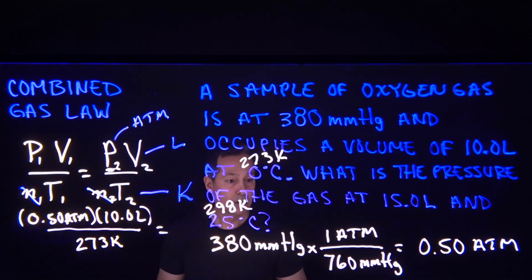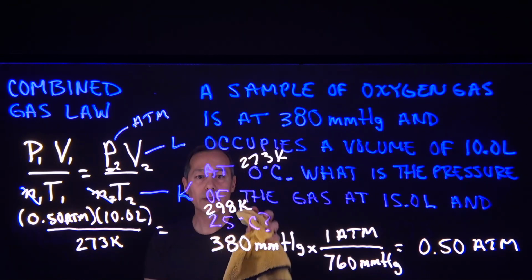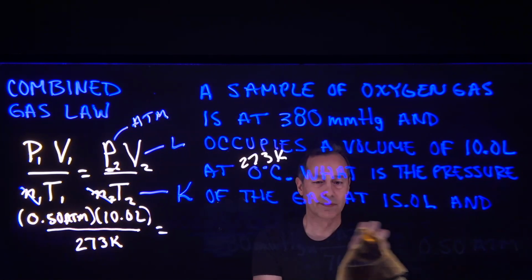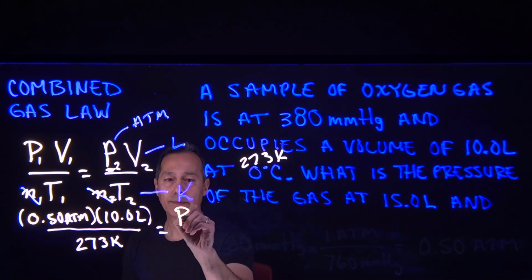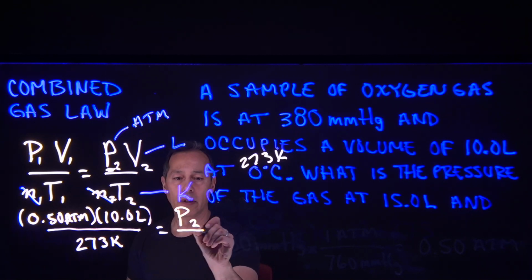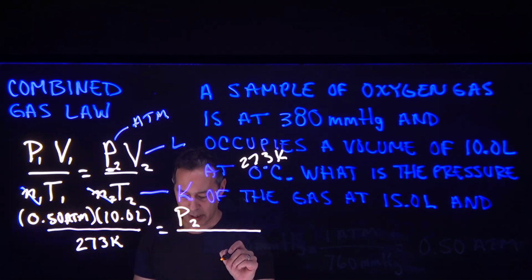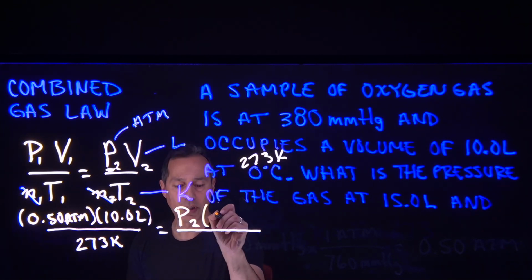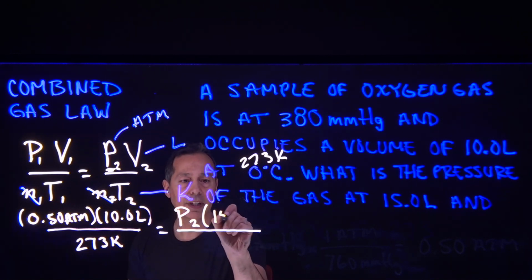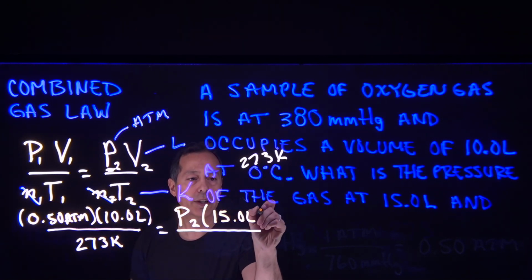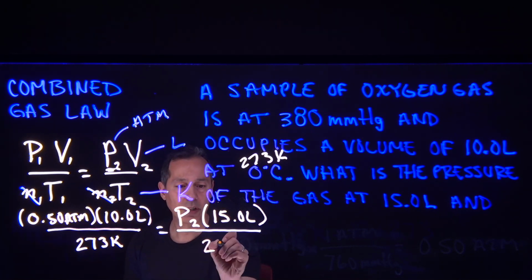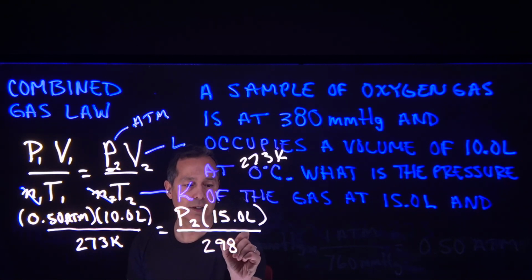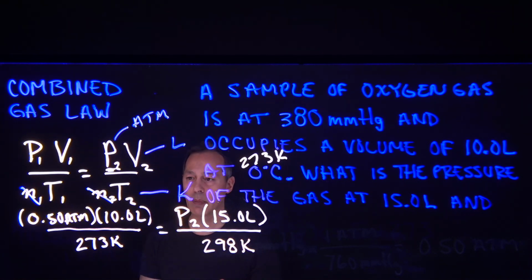And now I need to make a little bit of space here. So my pressure, times my new volume, which is 15.0 liters, over my new temperature, which is 298 Kelvin.